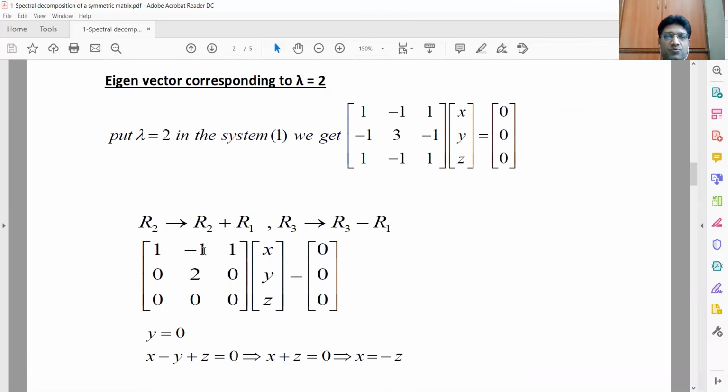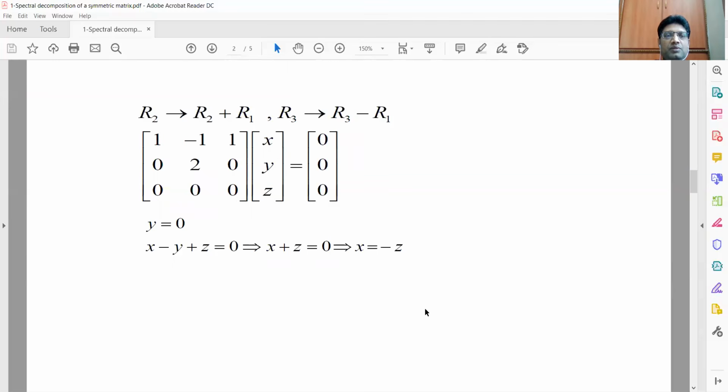So minus 1 plus 1 becomes 0, 3 minus 1 is 2, and minus 1 plus 1 is 0. Similarly, subtracting R1 from R3, R3 minus R1 is 1 minus 1, 0, minus 1 minus of minus 1 plus 1, 0, 0. So now this is in the upper triangular matrix form.